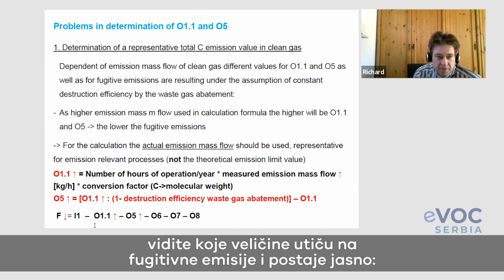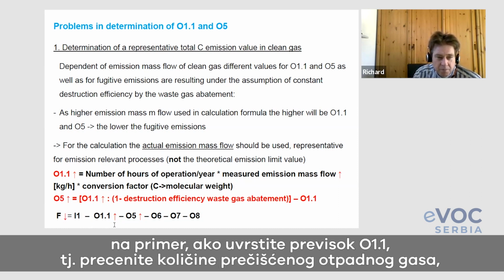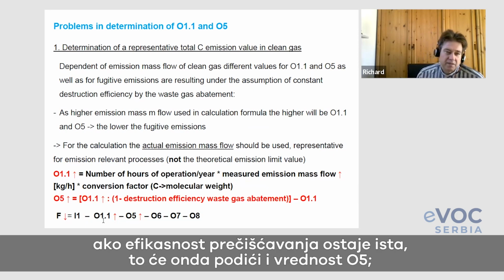So it's clear, if, for example, you use a too high O11, that means you make a wrong determination, an overestimation of the cleaned waste gas, then that will cause that your O5, what you have destroyed, will increase if the abatement efficiency is the same.